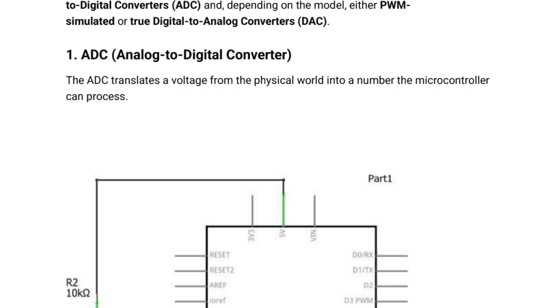Whatever physical data you need to sense, that information is converted into digital, so the microcontroller can read it as zeros and ones. That is the process of analog to digital. Analog means any physical signal in nature, and we need to convert it into digital numbers, that means zeros and ones.